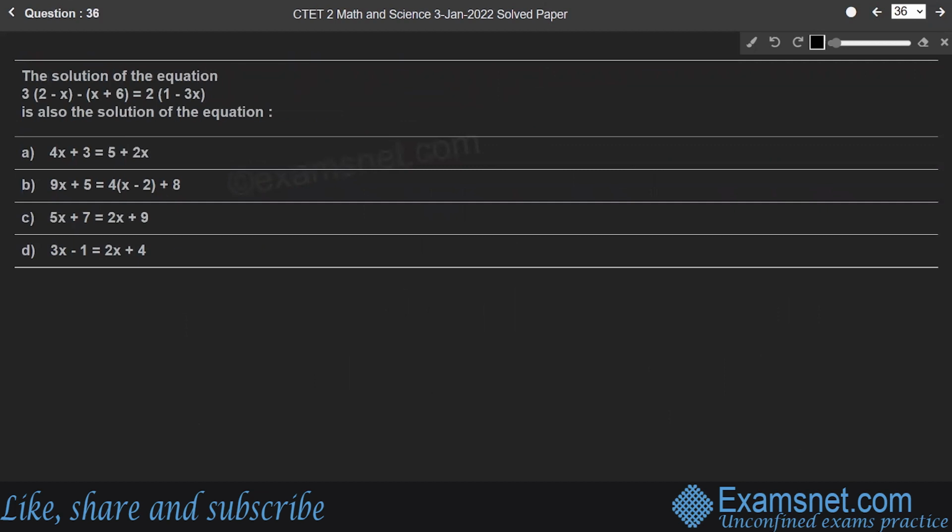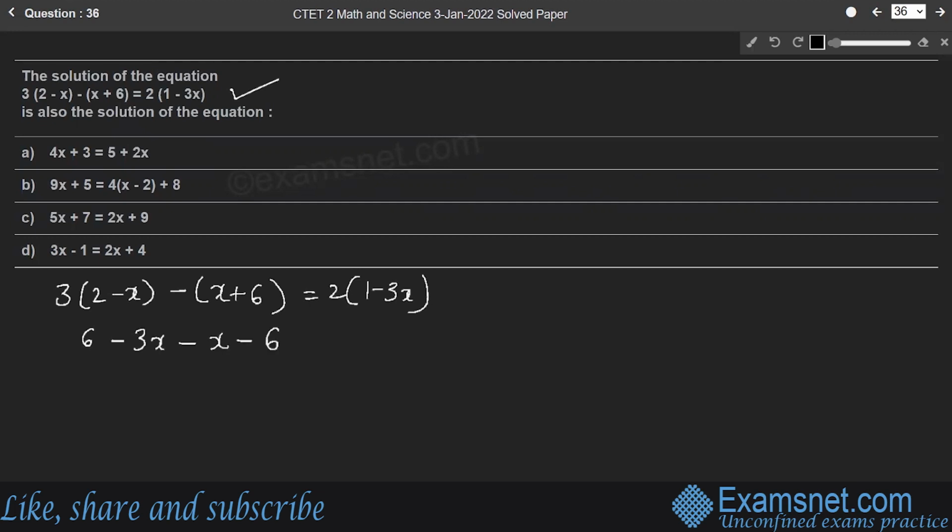Question number 36. The solution of the equation 3 into (2 minus x) minus (x plus 6) is equal to 2 into (1 minus 3x) is also the solution of which equation. Let us find the solution of the given equation. 3 into 2 is 6, minus 3x, minus x, minus 6 is equal to 2 minus 6x.